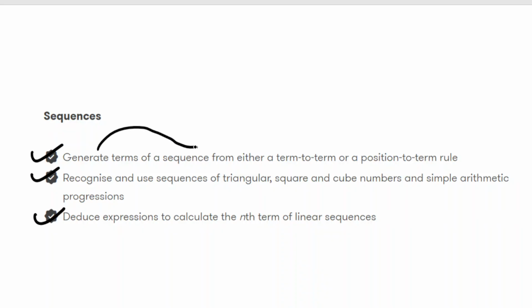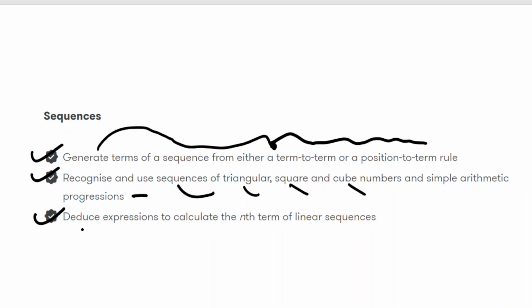Generate terms of a sequence from either a term-to-term or a position-to-term rule. Recognize and use sequences of triangular, square, and cube numbers and simple arithmetic progressions. Deduce expressions to calculate the nth term of a linear sequence. All of them are easy. They only look difficult.